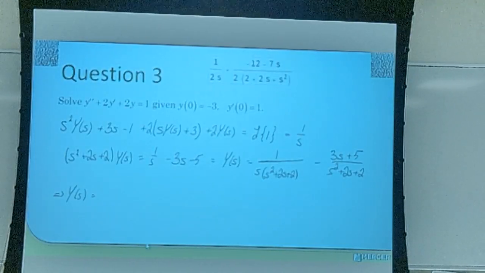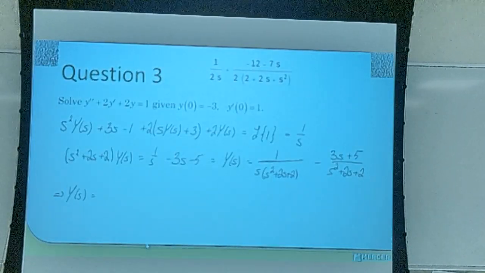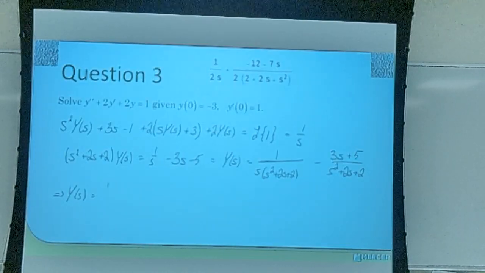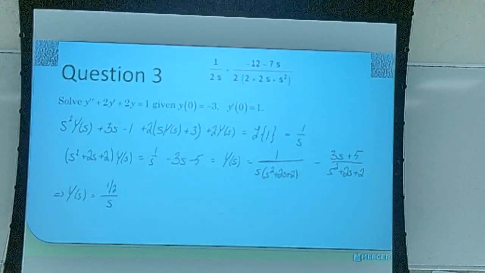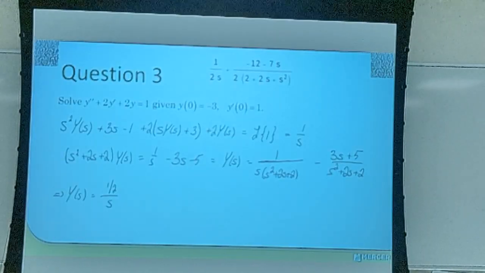There's what it's going to give us. Oh, that one's not bad. 1/2 over s. I can live with that.